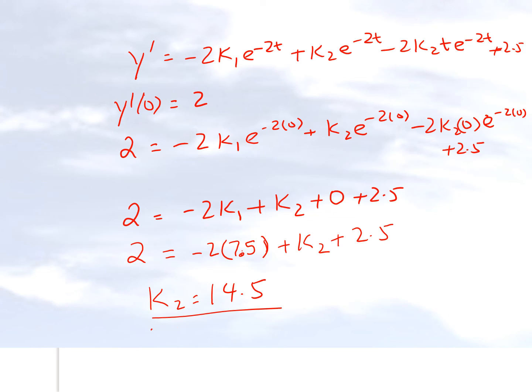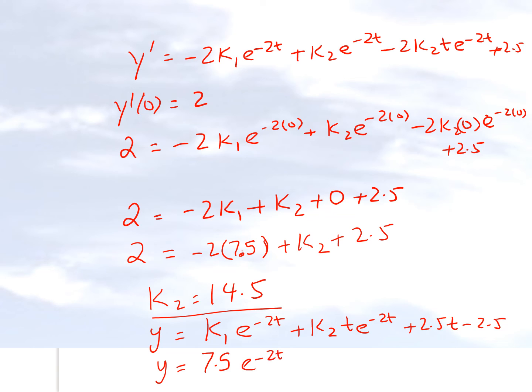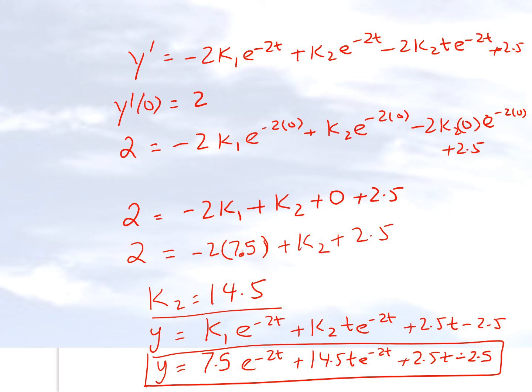So let me just write down y as K1 e to the power minus 2t plus K2t e to the power minus 2t plus this quantity here. So we found out K1 is equal to 7.5. We found out K2 is 14.5. And so that becomes our complete solution.